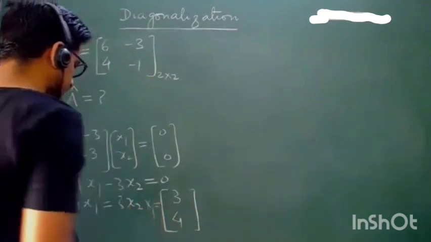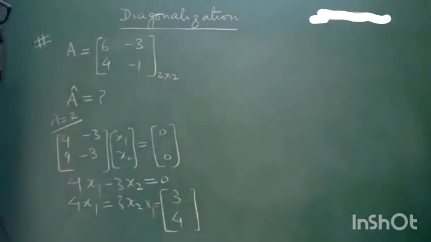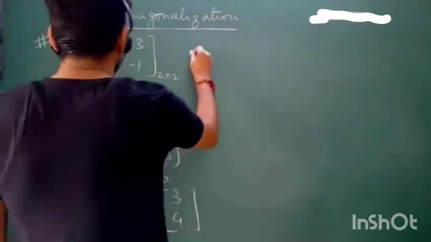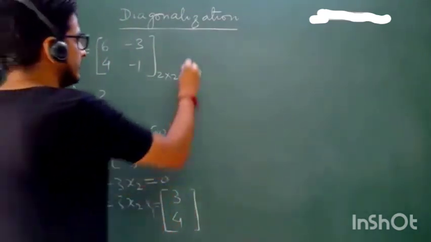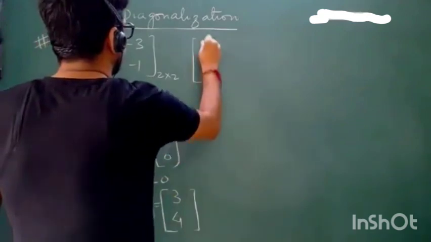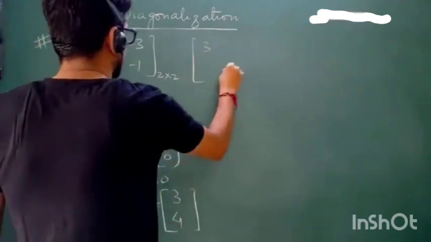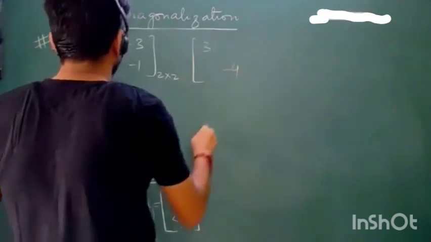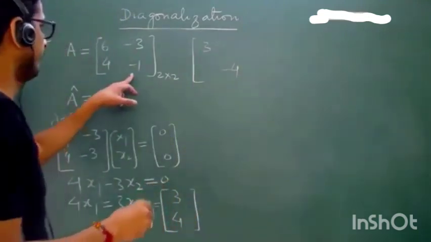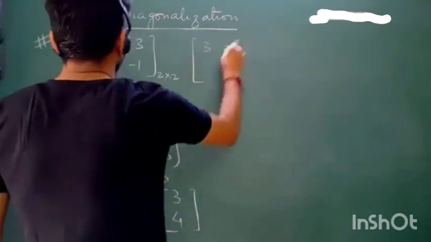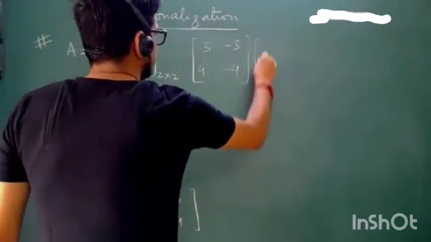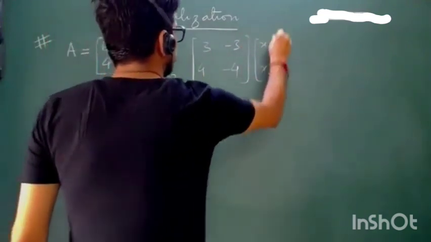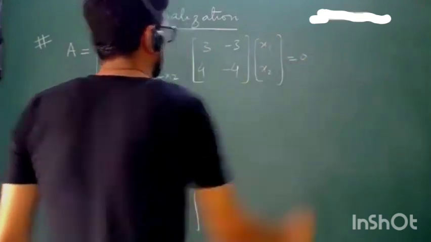Let's call it x1. The second one, x2, corresponding to lambda is equal to 3. So what you will get? 3, 3 minus 4 and minus 3 and 4. Correct? x1, x2 is equal to 0.